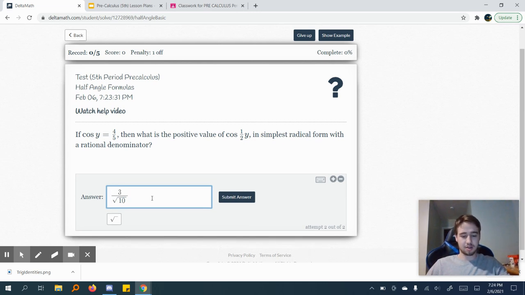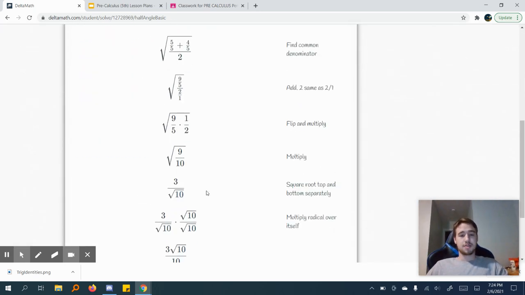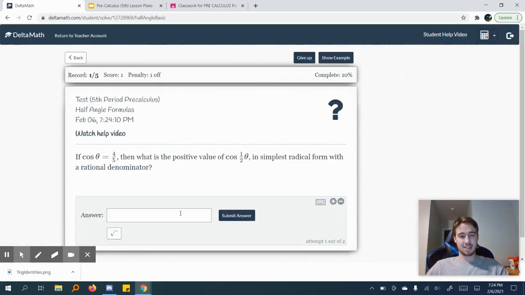And then we can do 3 root 10 over 10. Yeah, it takes a little getting used to, but we just rationalize it. It's pretty straightforward. It's literally the same problem. 3 root 10 over 10.